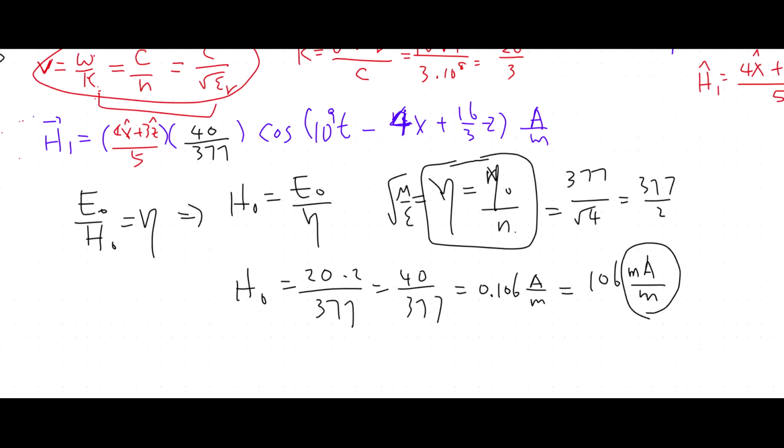Don't say, oh, these are just A. They're not, right? It's milliamp per meter. So I'm just going to write 106 over here and change it to milliamp.